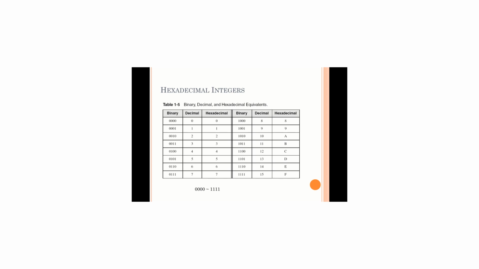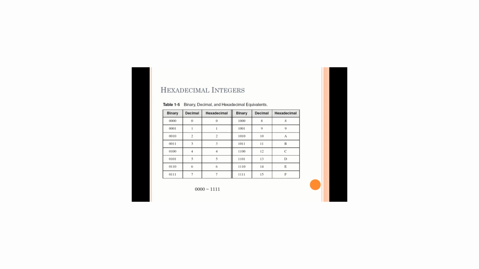There are no really long strings of zeros and ones. It takes up only 25% of the space a binary number would take. And that's why very often you see hexadecimal numbers used to represent underlying binary numbers, and they're really easy to convert from one to another.